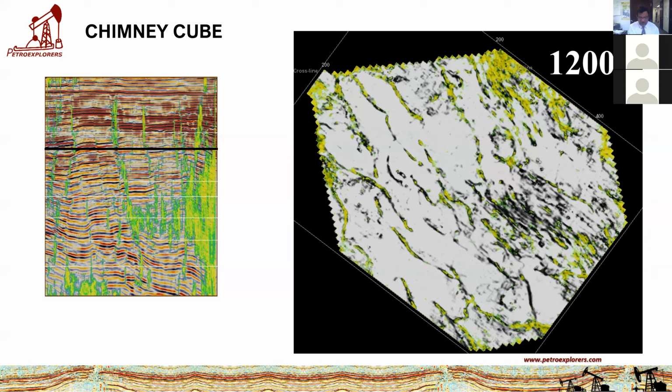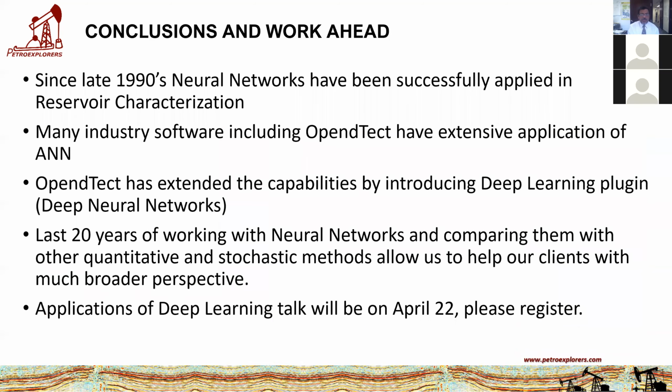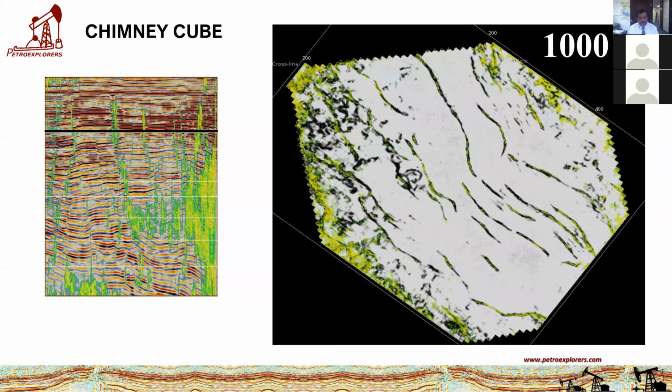That is what helps find the sand shale pairs, which would decrease the risk of drilling certain areas. So based on these chimneys combined with sequence stratigraphy and facies analysis, you can build a complete system.